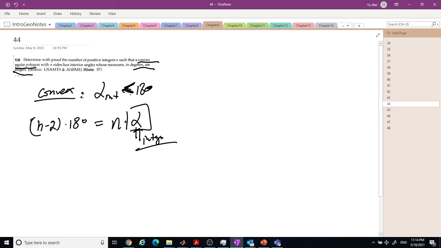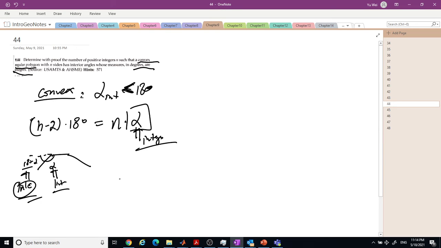So if I have an n-gon, this is alpha, and the exterior angle is 180 minus alpha. If this one is an integer, then this one is also an integer.